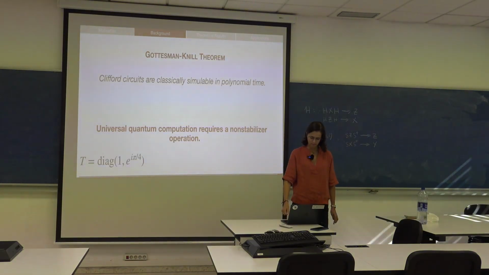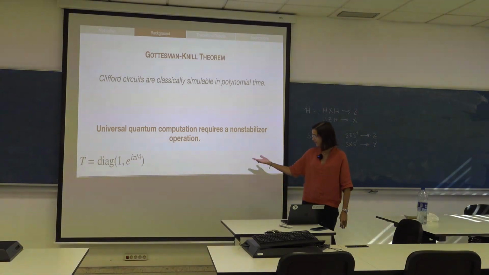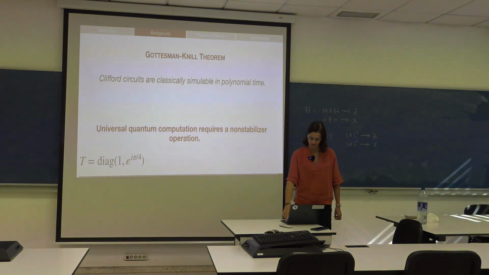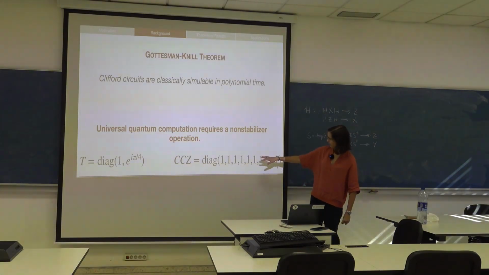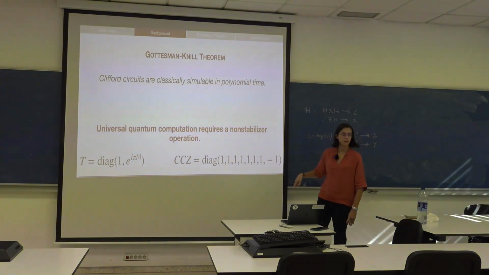And some commonly used examples are the T-gate. So this is one. And the other one is the control Z gate, which is just a bunch of ones and then a -1. And this is locally equivalent to the Toffoli gate. So you can create the Toffoli gate from this if you just apply a Hadamard on one of the qubits.